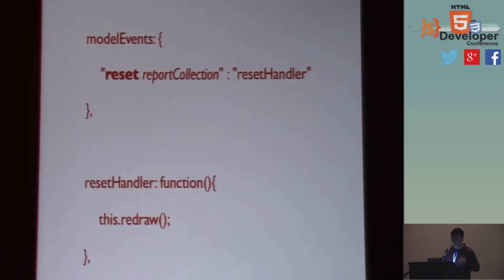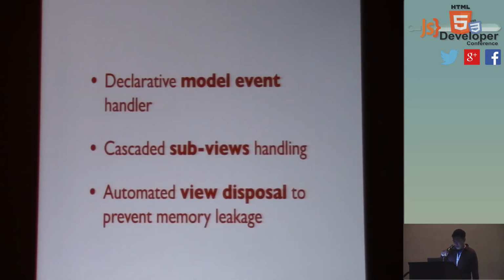So in your view, you can say something like this: hey, whenever report collection dispatches a reset event, I want to trigger my reset handler to do the view rephrase things. You can do this now, you just write more code. We just make this a little bit easier, nicely encapsulated in your object, and done in a declarative way. Okay, so then cascading subview handling.